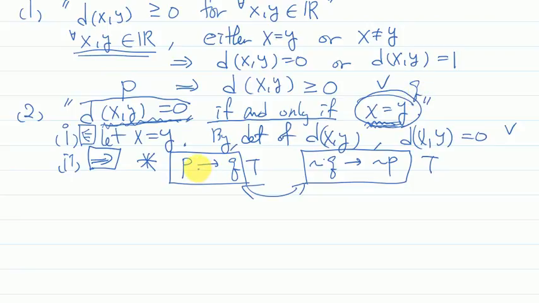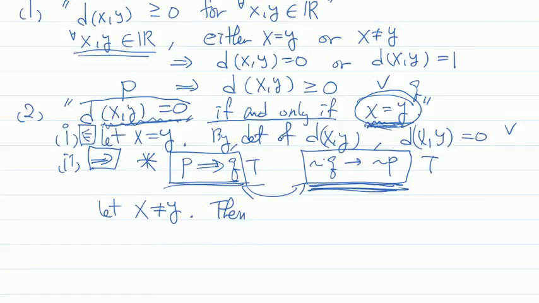Now we want to prove P implies Q, for which we don't have any tools. So let's try to prove the contrapositive of it. If we show that is true, then we can claim the original statement is also true, by that logical statement. Okay, so what is not Q? Let x be not equal to y. Then, for the same reason, by the definition of d(x,y), we can claim that d(x,y) equals 1.